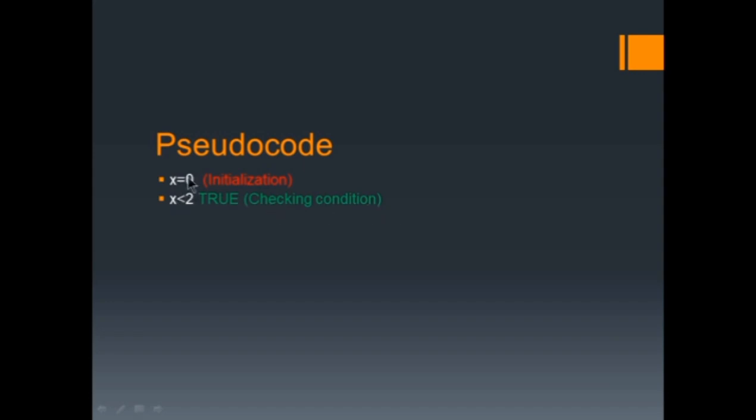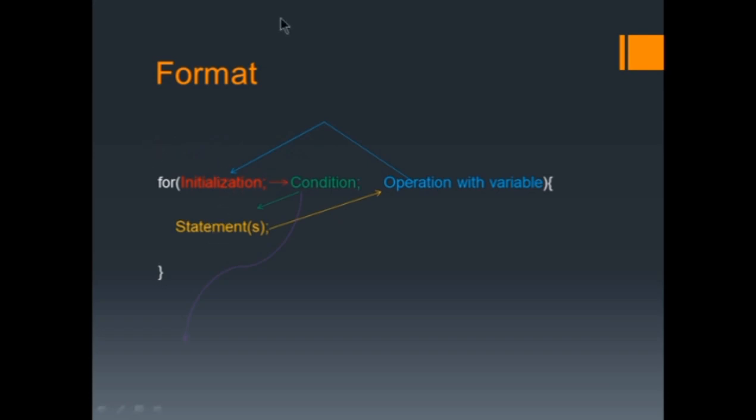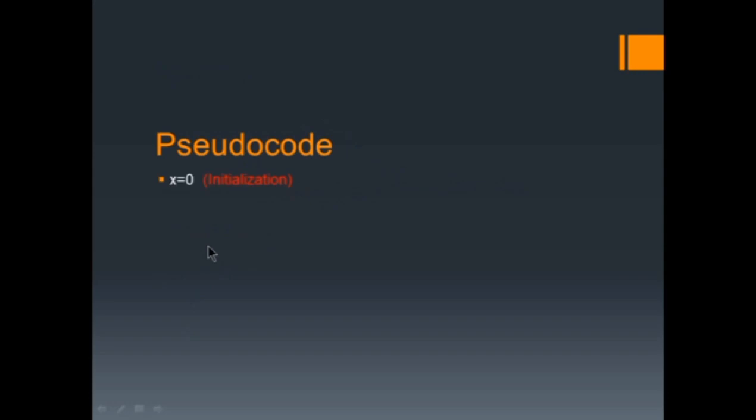As x has a value of 0, is 0 less than 2? Yes, it's obviously less than 2. And then, if it's true, it'll start executing the statements there. The condition matches and the statements are executed.